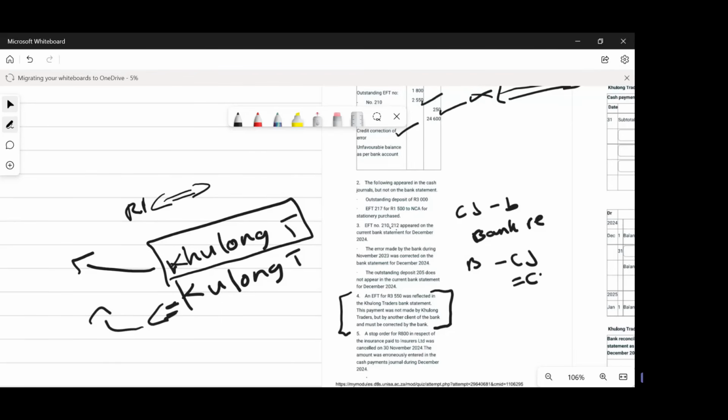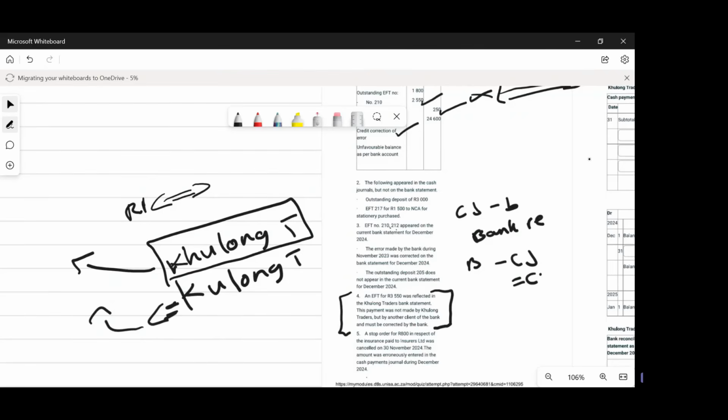So you see, they're telling you that it was another client. Maybe that client had a similar name to that of our business, and then instead of removing that amount from this client, they took it from our side, but that transaction is not in our business. So which means we need to show the bank so that they rectify and give us the money back.